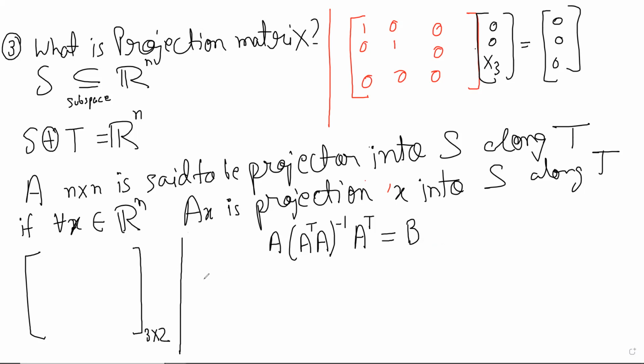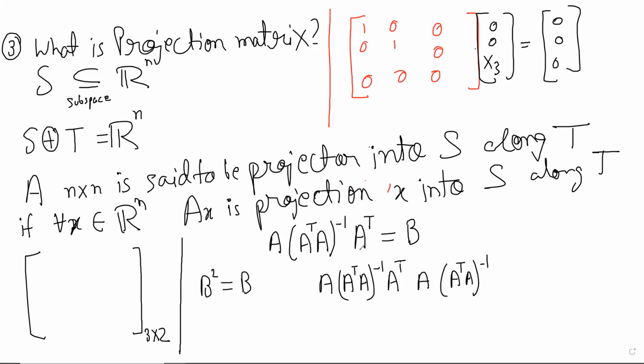So you are now showing B square equal to B. Let's write it. Maybe that's just a check. This is B, and again we have B, into A transpose A inverse. So this is just a check. It's a very interesting thing, right?